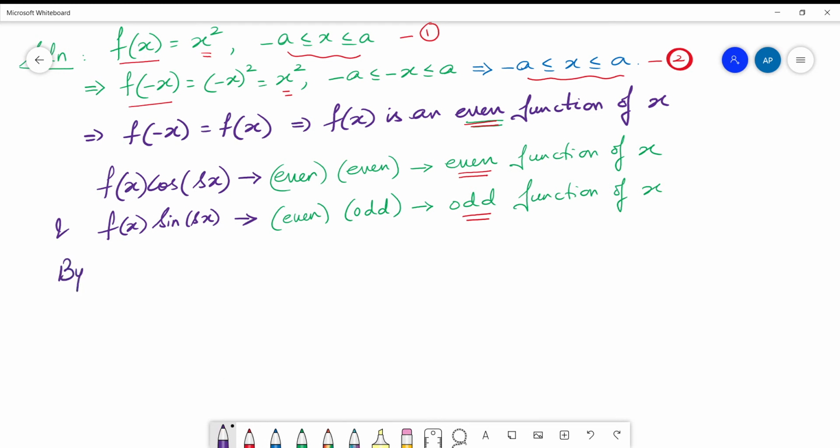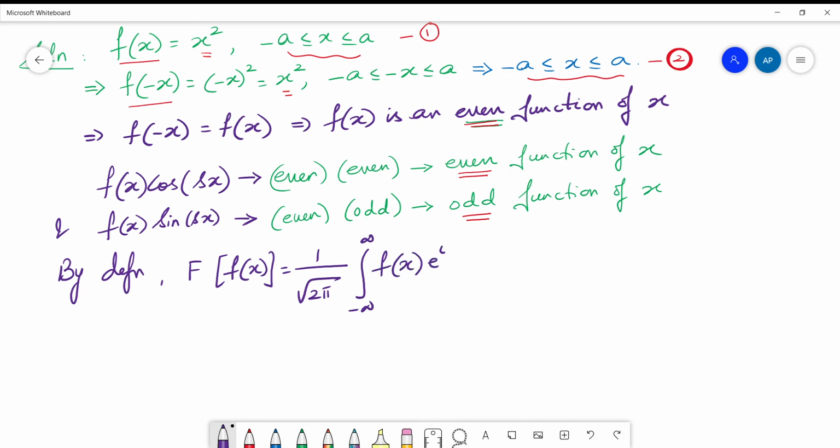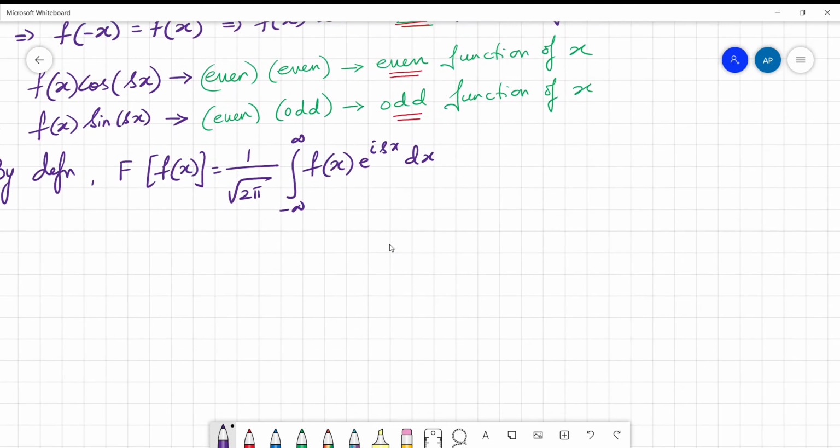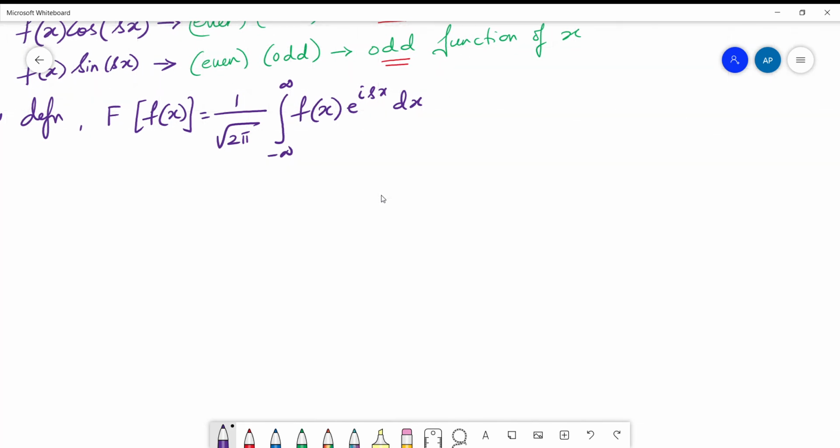By definition, the Fourier transform of f of x is given to be 1 by root 2 pi integral minus to plus infinity f of x e power isx dx. As we studied in the working rule in the previous video, we are not substituting for f of x but expanding e power isx as cos sx plus i sin sx.